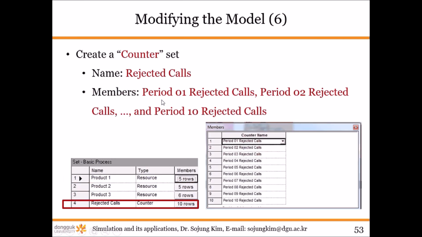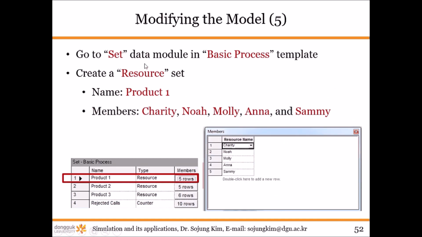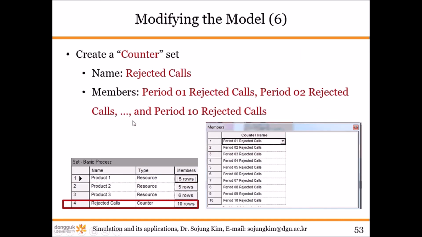Then you also need to generate the counter set in this same set data module in the basic process panel, and the members should include period 1 rejected calls, period 2 rejected calls, and so on, up to period 10 rejected calls.